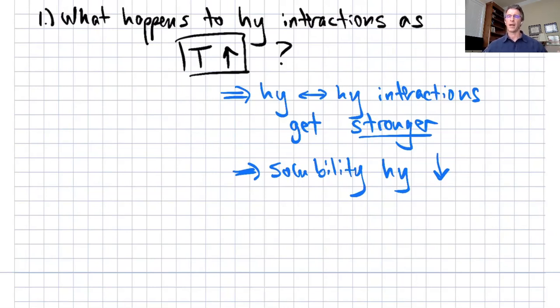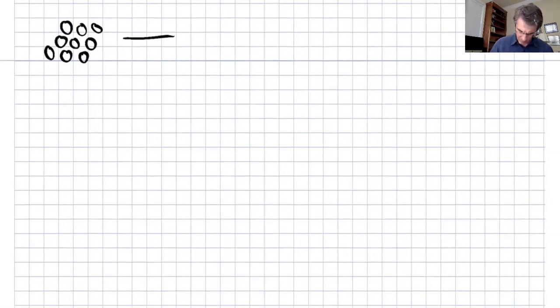And this has a really interesting consequence when you think about one of these partitioning equilibria between an organic solvent and water, and you look at the thermodynamic distribution of what's going on. So we're going to think about that partitioning equilibrium again, but I'm going to reverse it because it's the way it's often shown. So here's my hydrophobic molecule, in solvent or interacting with itself. And we're going to think about a transfer equilibrium here. We're going to transfer one of these hydrophobic molecules into water, right?